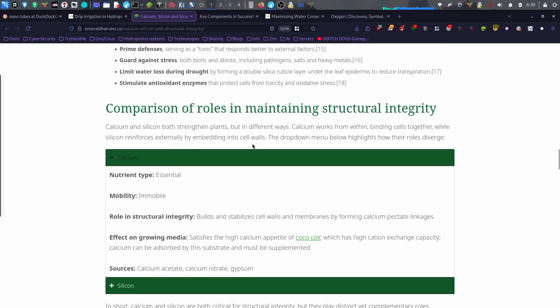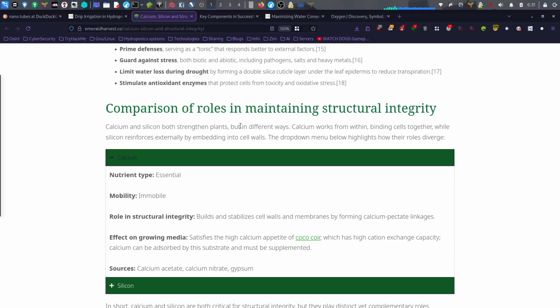Comparison of roles in maintaining structural integrity. Calcium and silicon both strengthen plants, but in different ways. Calcium works from within, binding cells together, while silicon reinforces externally by embedding into cell walls.